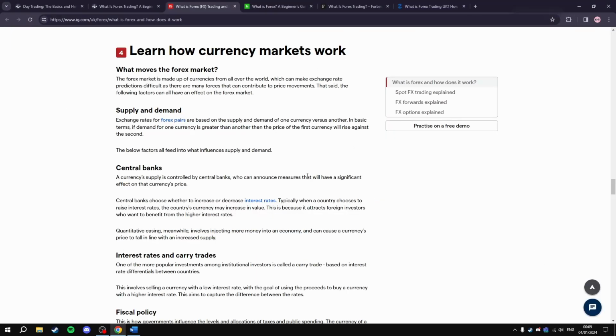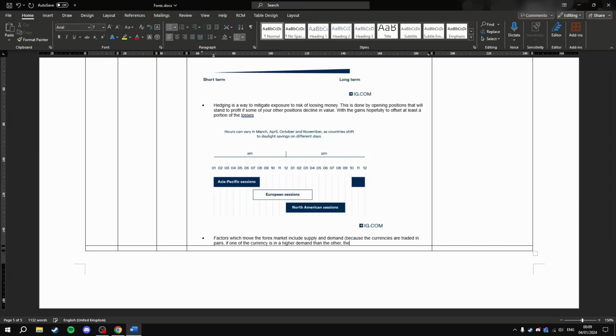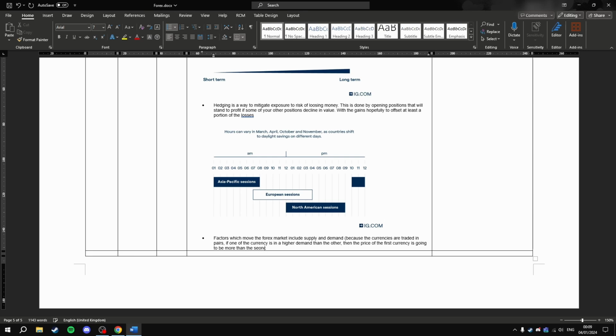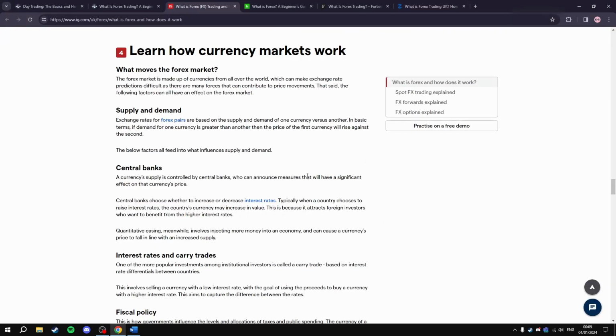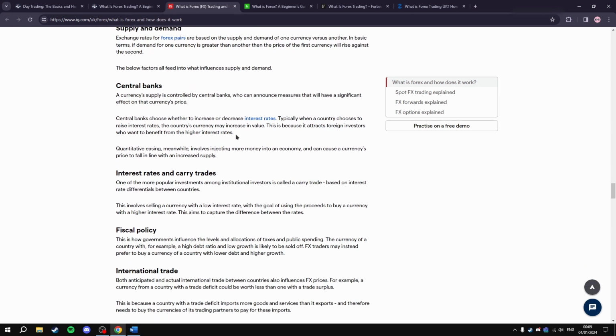Then the price of the first currency is going to be more than the second currency. The below factors all feed into what influences supply and demand.